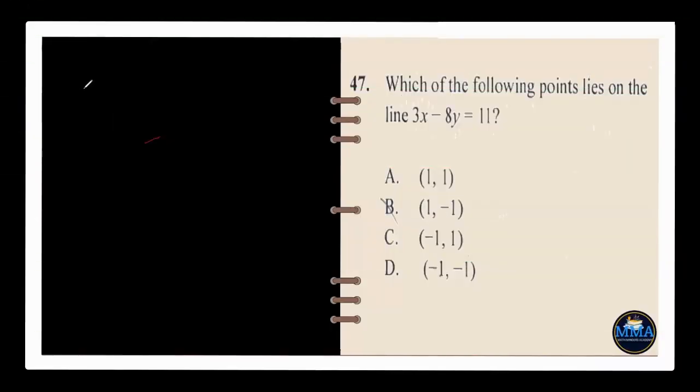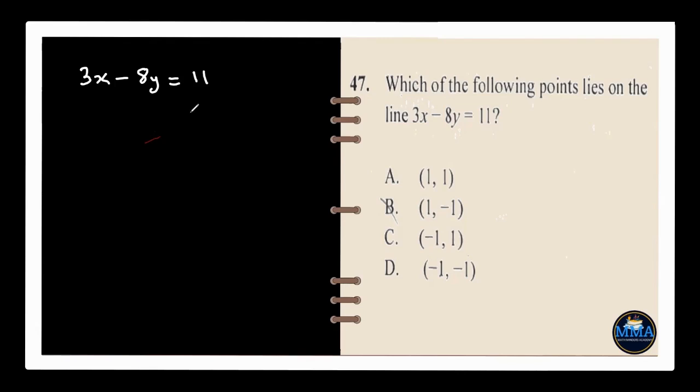Question number 47, which of the following points lies on the line 3x minus 8y equals 11? So we have 3x minus 8y equals 11.